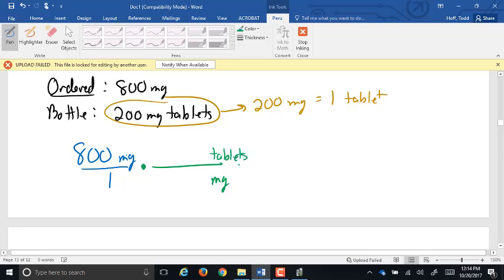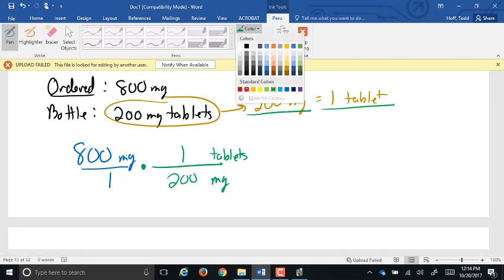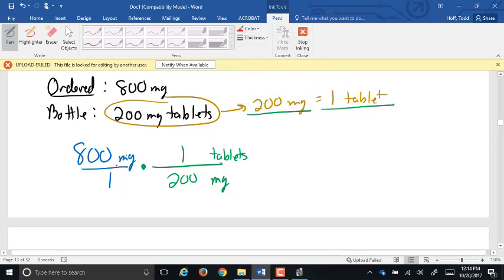Going into tablets, so tablets go on top. 1 tablet equals 200 milligrams. The milligrams cross cancel out. 800 times 1 tablet is 800 tablets. 1 times 200 is 200. That divides out.